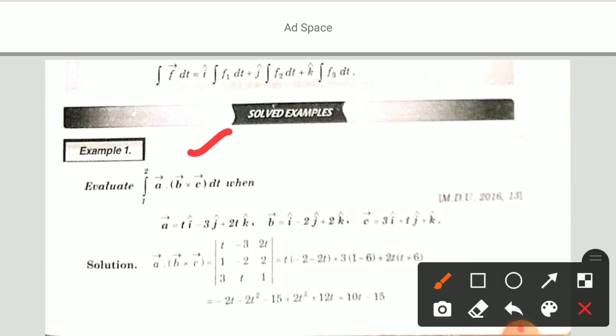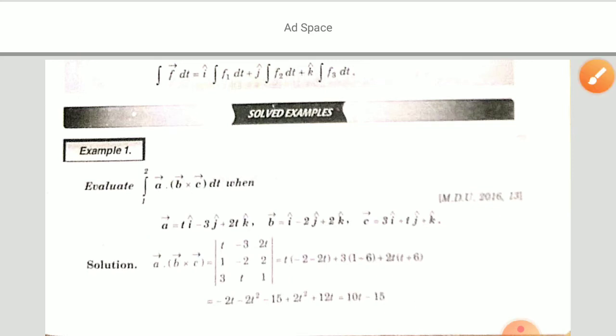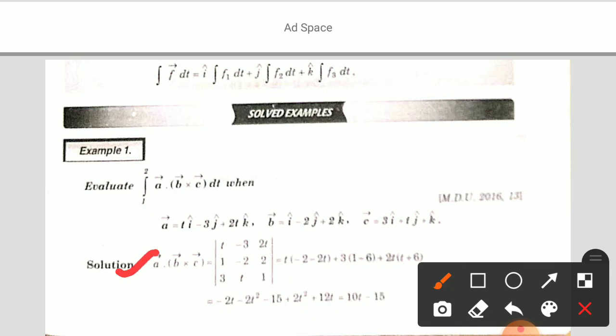Now taking solved example number 1: evaluate integration of a dot b cross c dt, where the limit is 1 to 2, when a is t i minus 3j plus 2t k, b is i minus 2j plus 2k, c is equal to 3i plus t j plus k. Now for the solution, find out the scalar triple product.